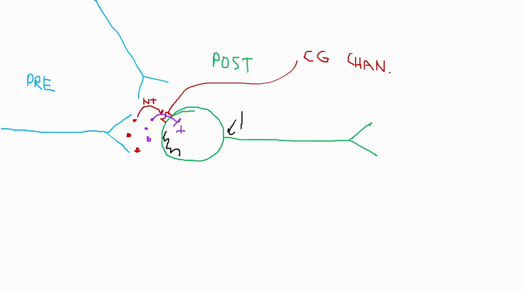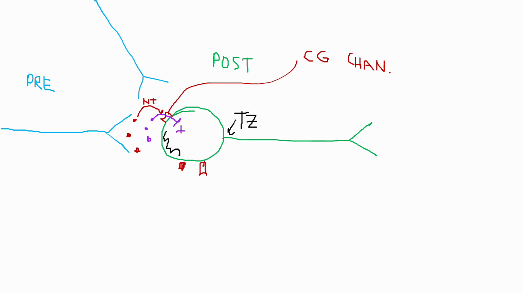In order to kick off an action potential, we're going to see we need multiple graded potentials to converge here at the trigger zone. Okay, so how do we do that? Well, in order to make it to that trigger zone, we're going to need more receptors for that neurotransmitter to be activated, more chemically gated channels to open.